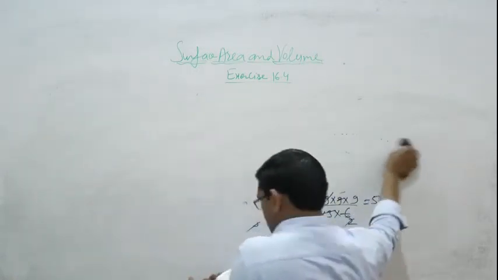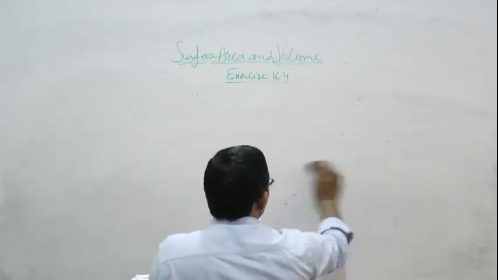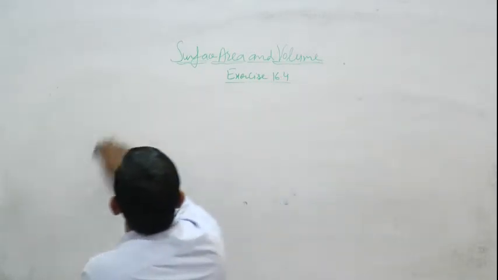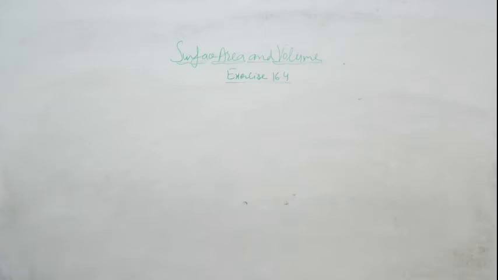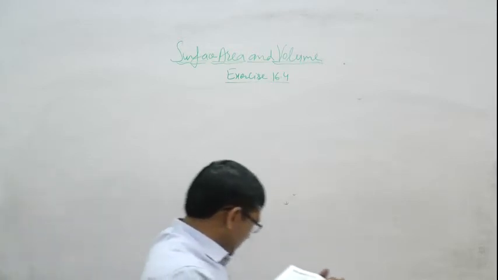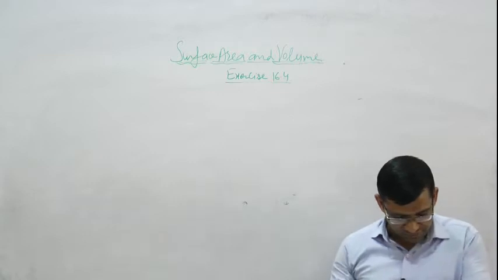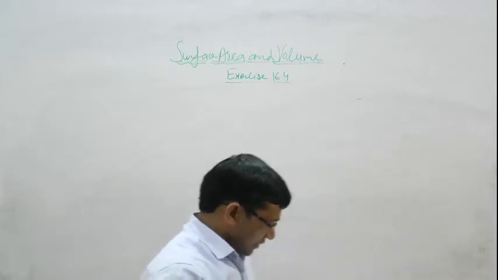Then question number 11. Question number 11 is a sphere of 6 centimeter diameter is dropped into cylindrical vessel which has diameter 12 centimeter.